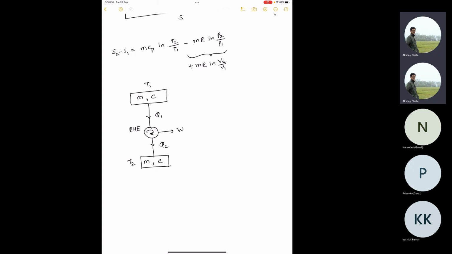That is given in the question. And to find is, first, what is the final temperature of this system, and second, the maximum work done possible.